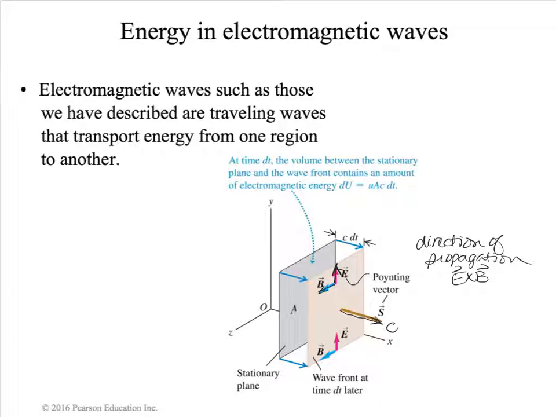So in any case, when we talk about these electromagnetic waves, one of the things that we talk about is as they're moving through space, and interestingly enough, these electromagnetic waves can move through a vacuum. They don't even need a medium to travel through. They're carrying energy with them. And so that's one of the ways that we can think of them as transporting energy from one area to another as they travel through space.